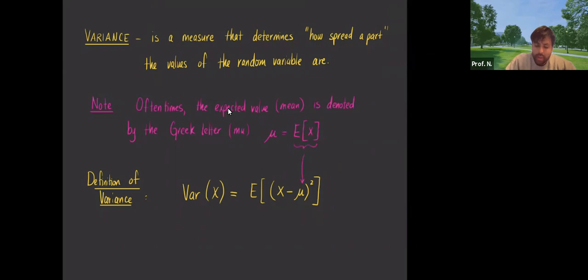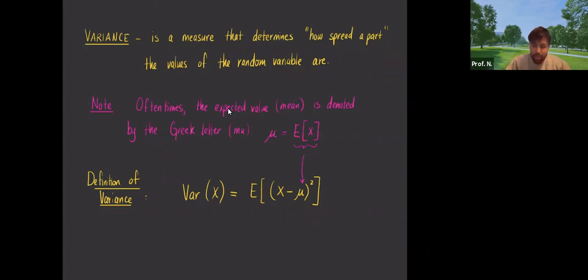So we want to figure out the average of the difference between the values of the random variable x and the expected value of x, squared. Sometimes the values of x can be smaller than the mean. Sometimes the values of the random variable could be bigger than the mean. But we're taking all those differences, squaring them, and averaging them out.